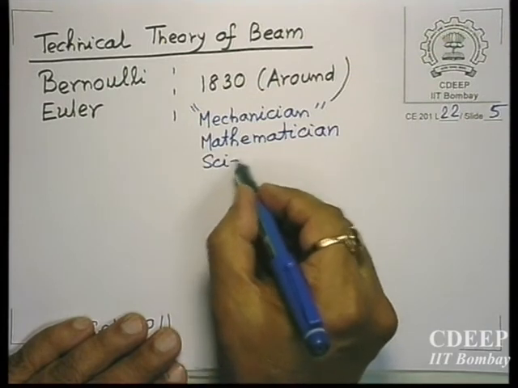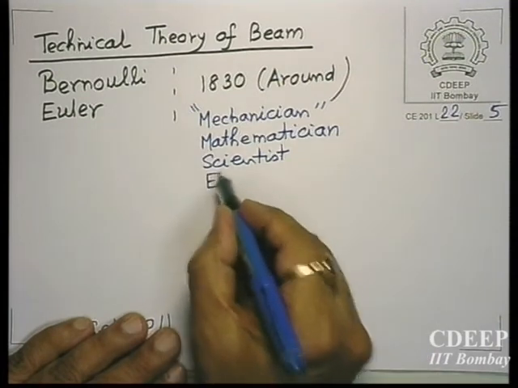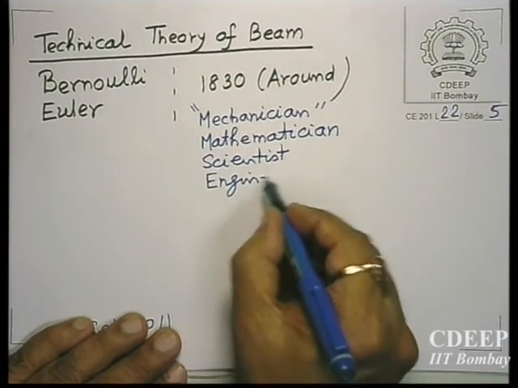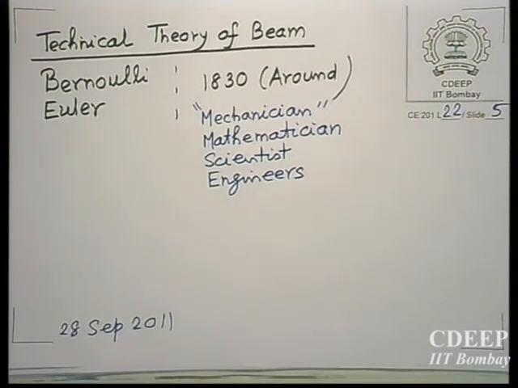Engineers, of course, people don't call them scientists. But now we have engineer scientists, engineers who do a little bit of thinking and come out with certain results, certain analysis. They are called scientist engineers. Anyway, these are the various terms. So we are talking now of Bernoulli-Euler theory.